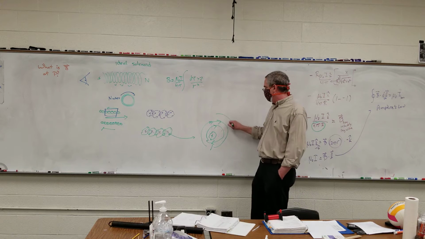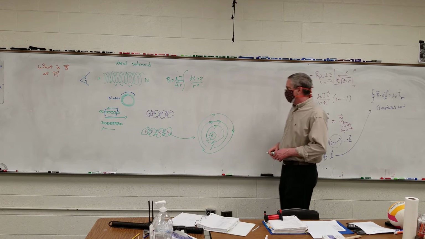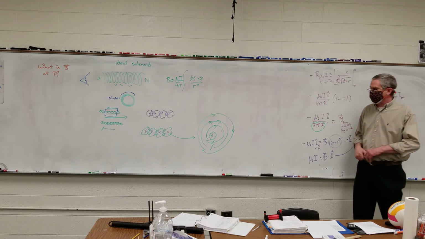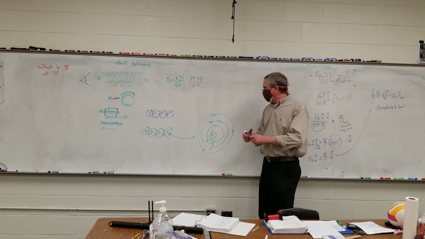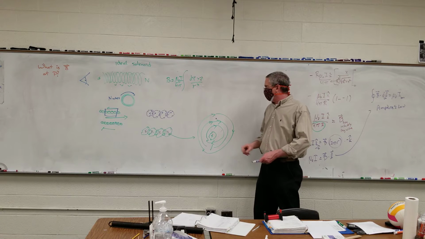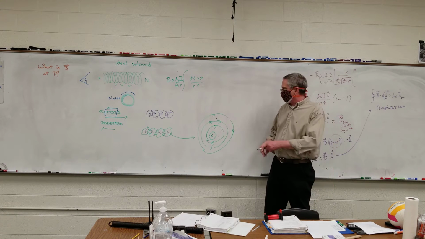And I'll do one more. It gets weaker the farther out you go, but it's still there. If I bring in the top one, current is flowing out of the board, so my magnetic field is flowing counterclockwise.